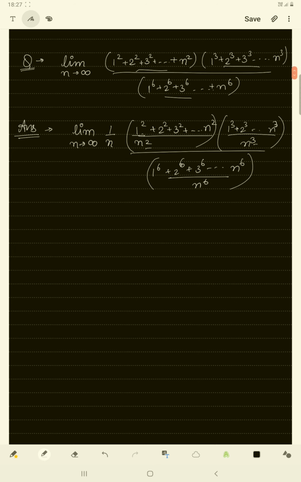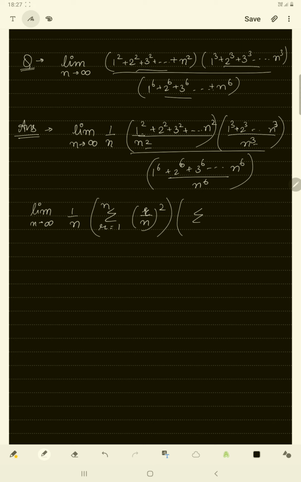Now we are going to write this as limit n tending to infinity 1 by n summation of r equals 1 to n, r by n whole square. This is one term.